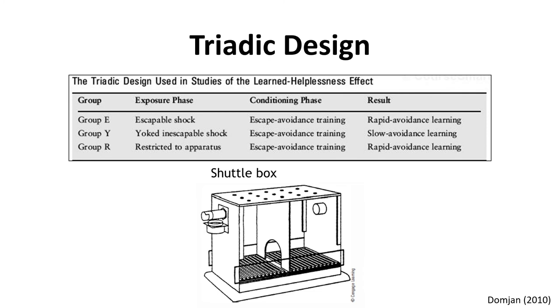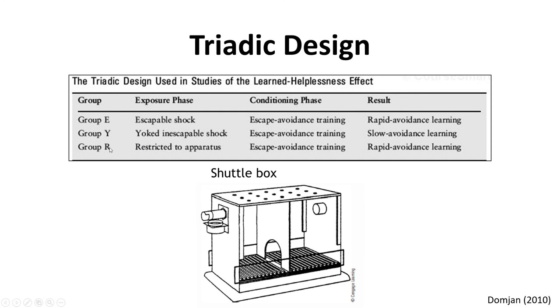The existence of that aversive stimulus is tied solely to the behavior of the individual in group E. So these individuals have no control. They have no way to escape the shock. So we call it a yoked, inescapable shock because their behavior is irrelevant and the occurrence of those shocks is yoked or paired with an individual in another group.